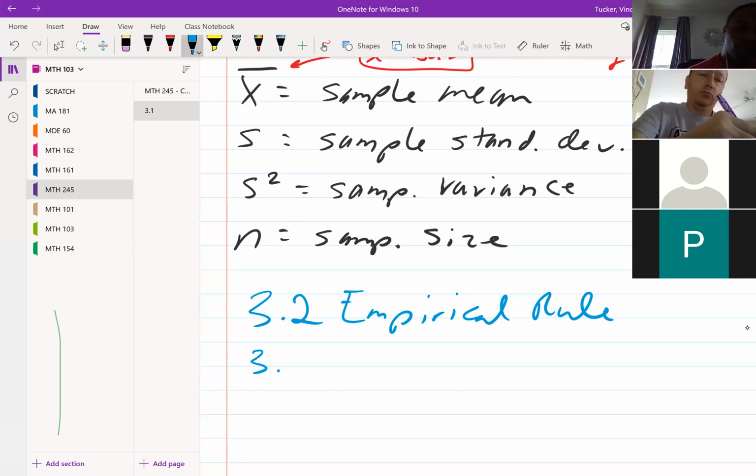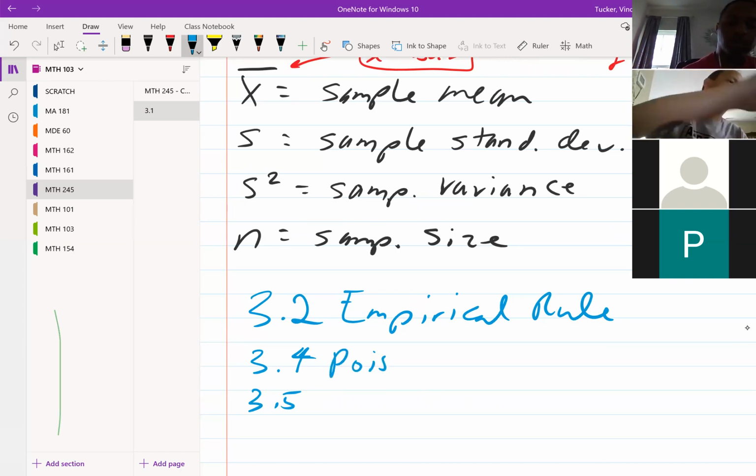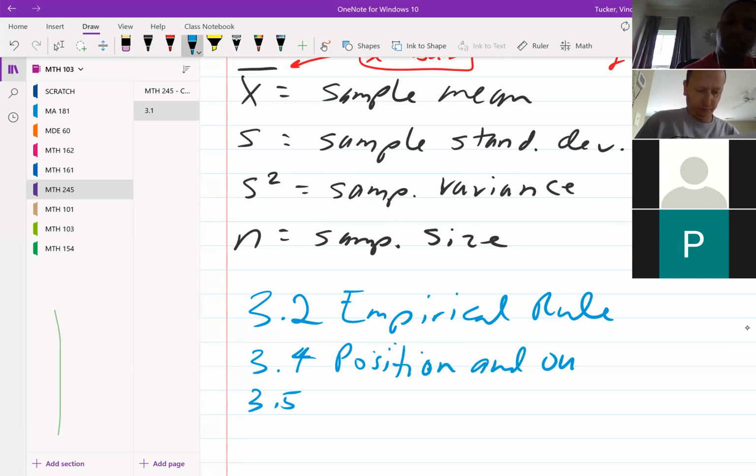And so we have 3.4 and 3.5, which 3.4 is... oh, that's not how you spell that. And summary.